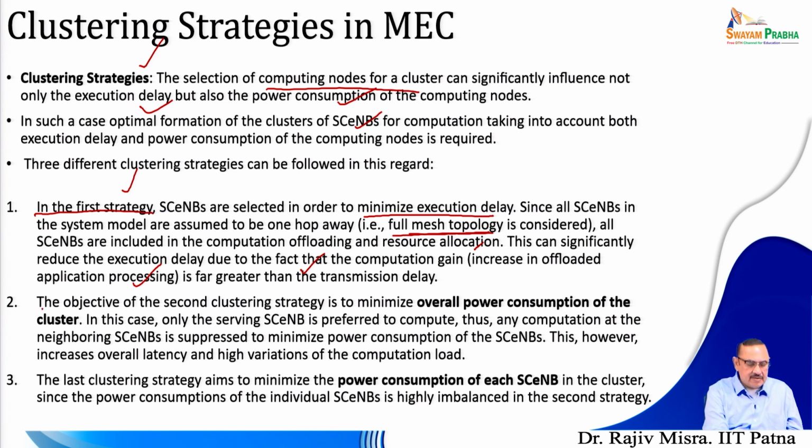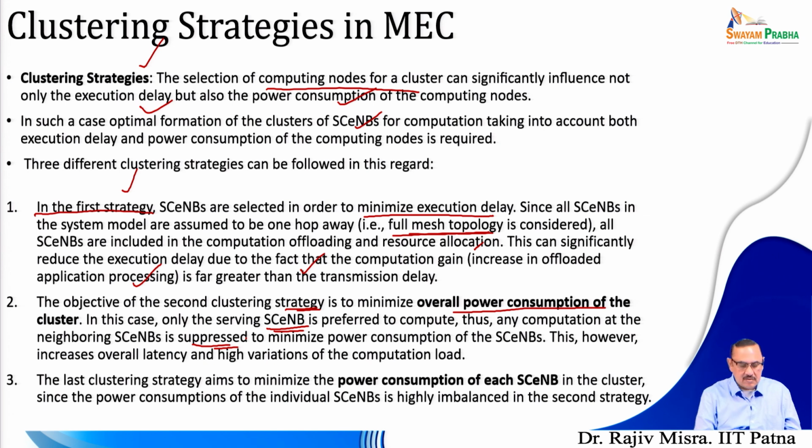The objective of the second clustering strategy is to minimize the overall power consumption of the cluster. So, in this case only the serving SCENB is preferred to compute. Thus, any computation at the neighboring SCENBs is suppressed to minimize the power consumption of SCENBs.